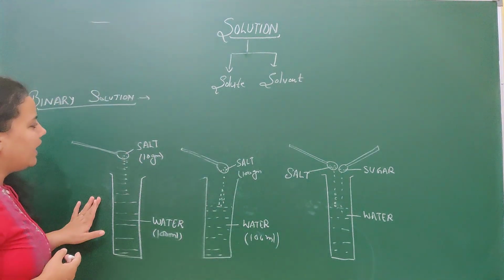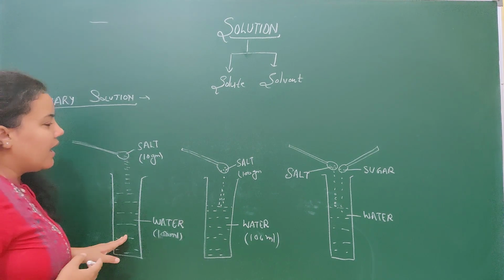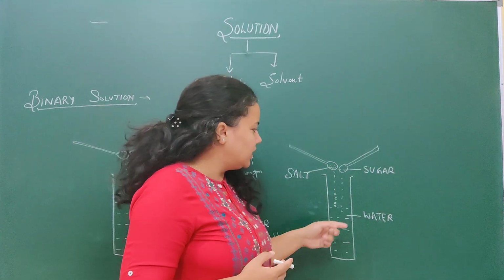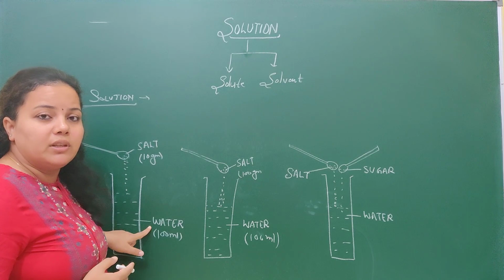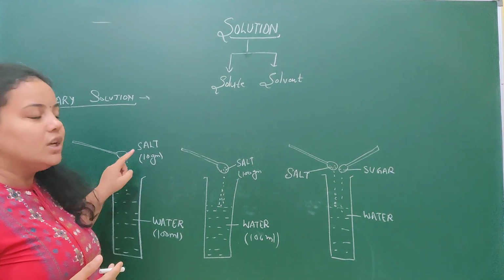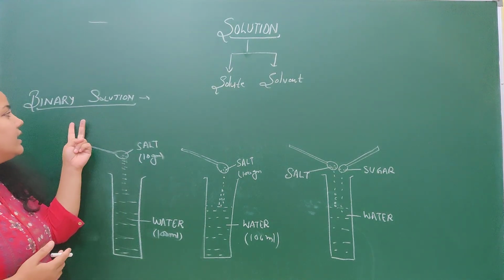So here I am dissolving salt in water, and here I am dissolving salt and sugar both in water. Now in case number one there are just two components. What are those two components? You have water and the second component is salt. So there are just two components. What do we call this kind of solution?